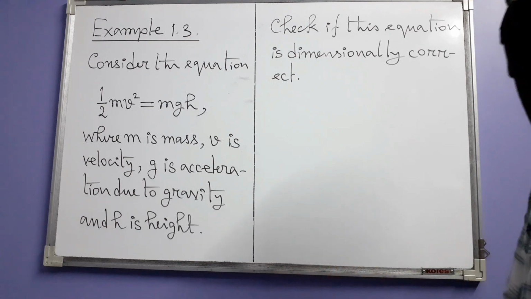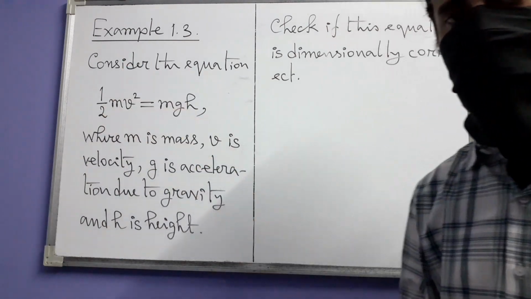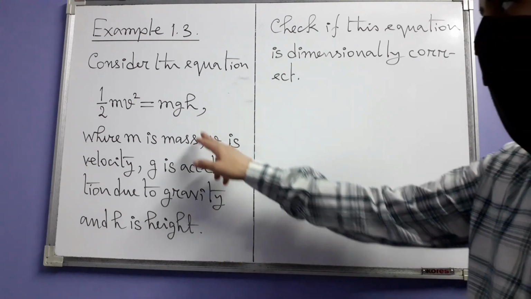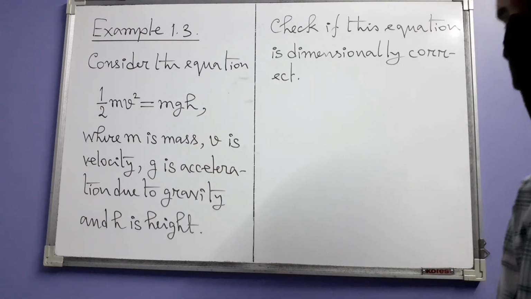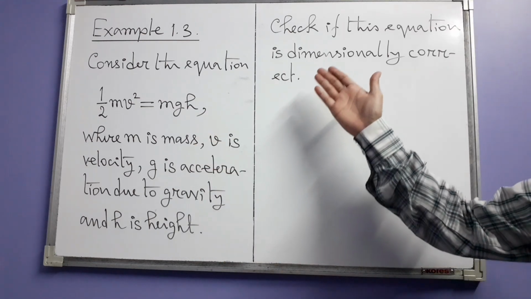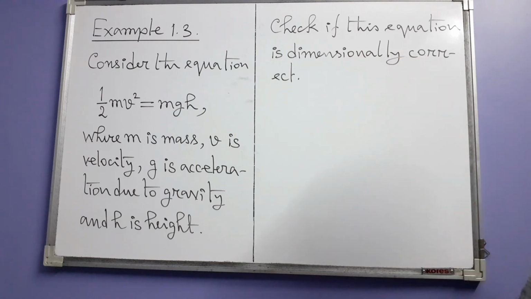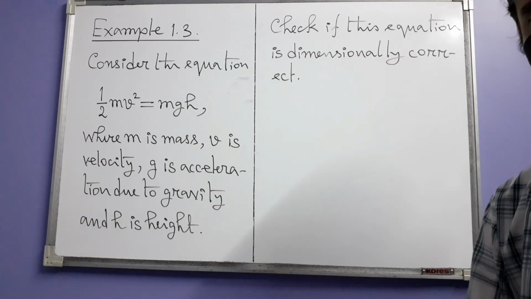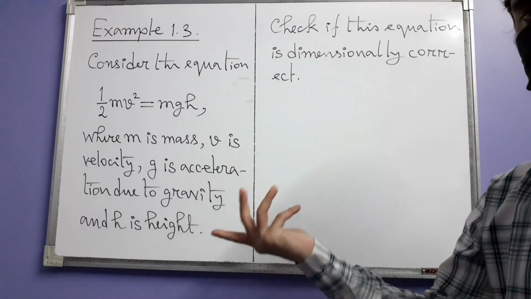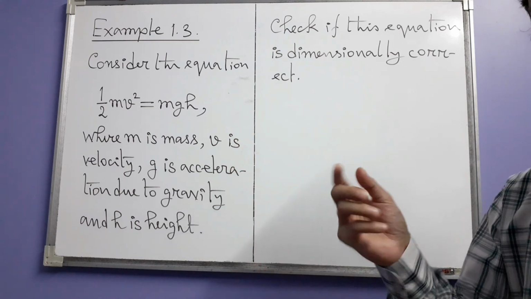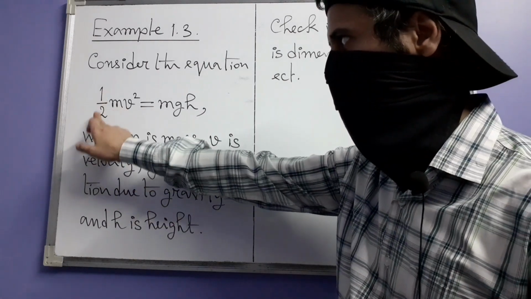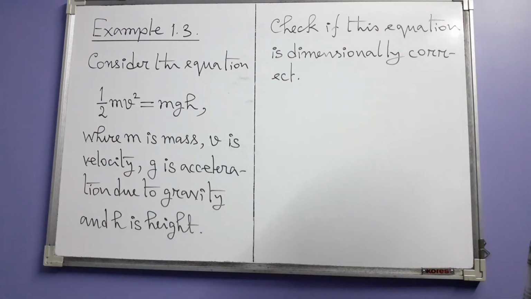And you actually already know that the left hand side is the kinetic energy of a moving object, and the right hand side is potential energy. We have to check if this equation is dimensionally consistent. So let's calculate the dimensions on both sides. And here addition and subtraction are not involved, only multiplication and division. Division, well, if you consider this as division. So let's see.